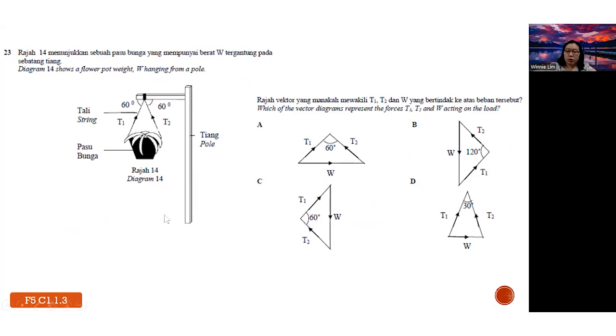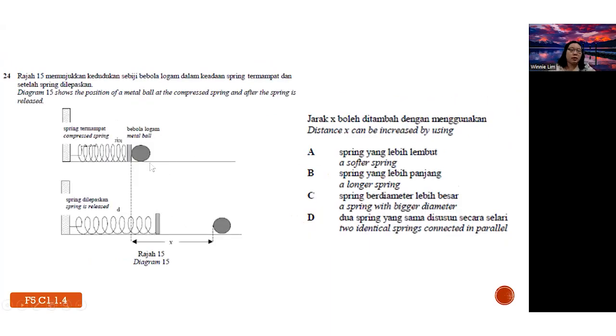Okay, so one more question for chapter 1 from 5. This is under the idea of elasticity. Diagram 15 shows the position of a metal ball at the compressed spring before and after the spring is released.